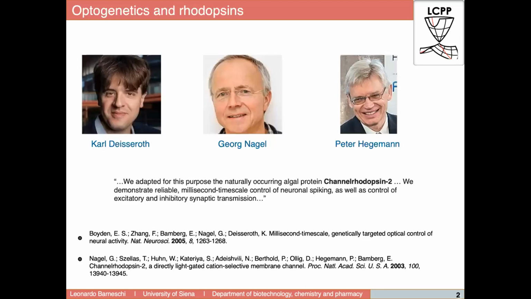So in our group, we have been studying for quite a while a very specific protein family called rhodopsin, and it's the very same protein that allows vision in humans, that's responsive to light.